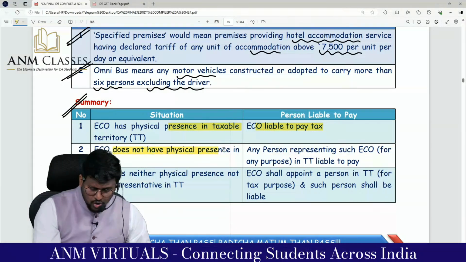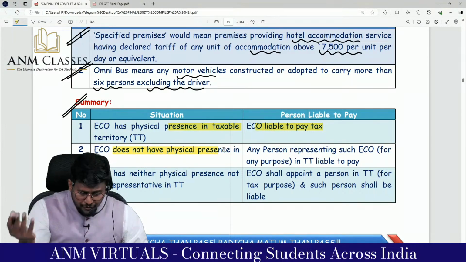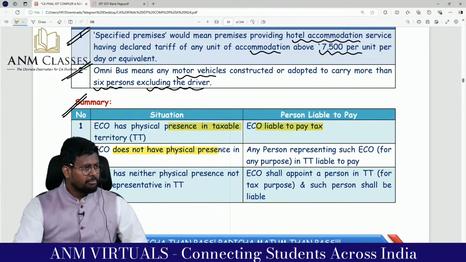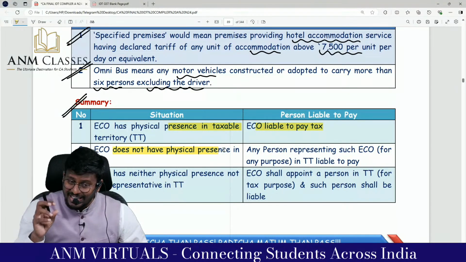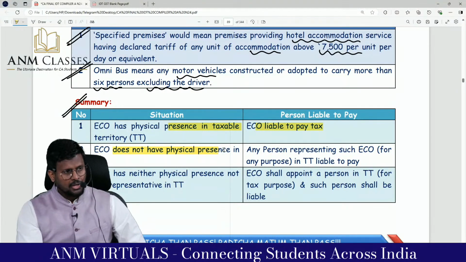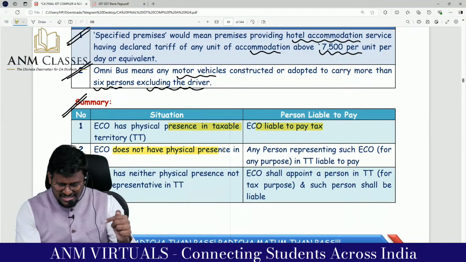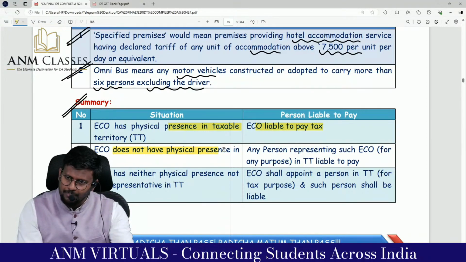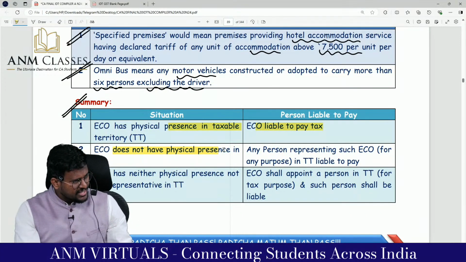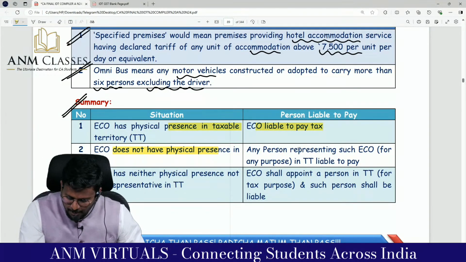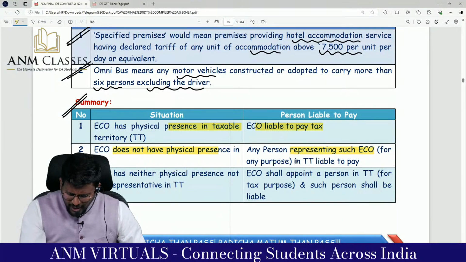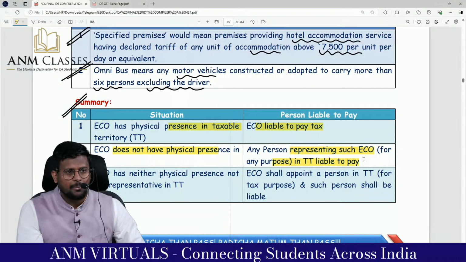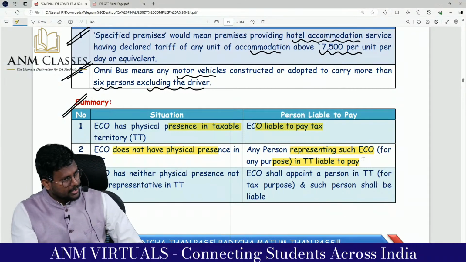Sir, if the e-commerce operator does not have a physical presence, because an e-commerce operator may be online, there is no need for them to have a physical presence. In case they do not have a physical presence, any person representing them for any purpose in the taxable territory is liable to pay GST. Are you all really with me?